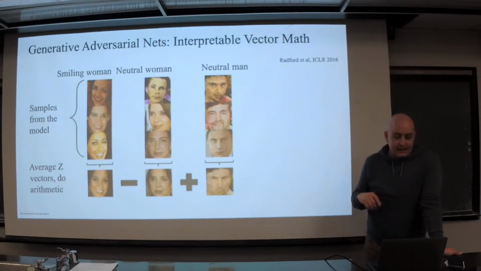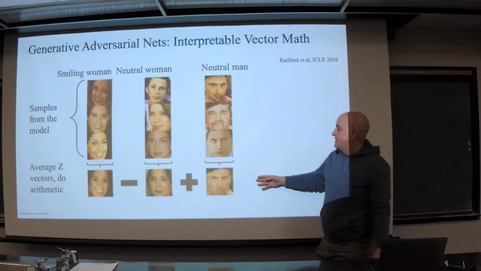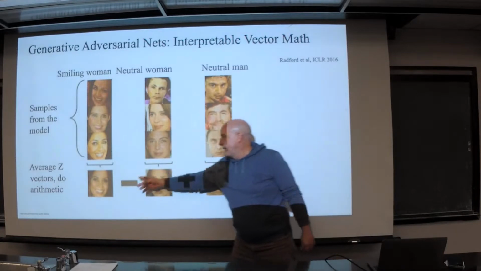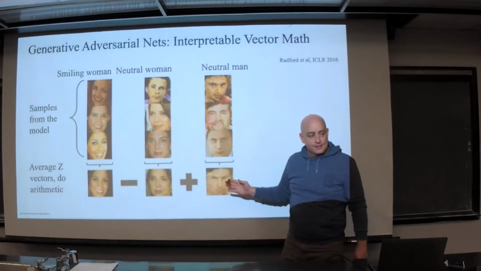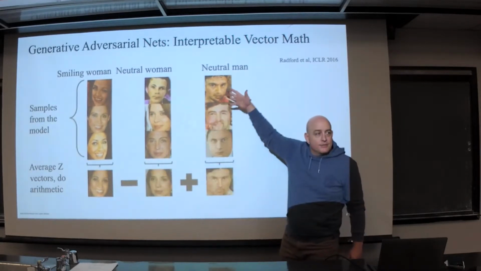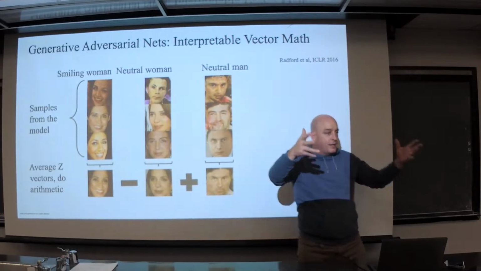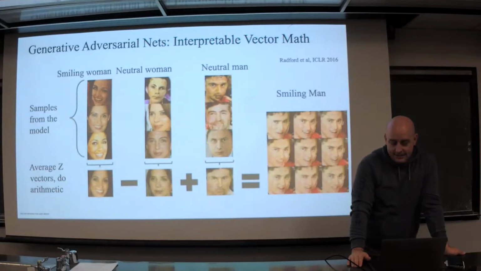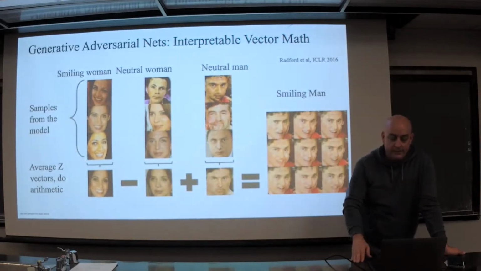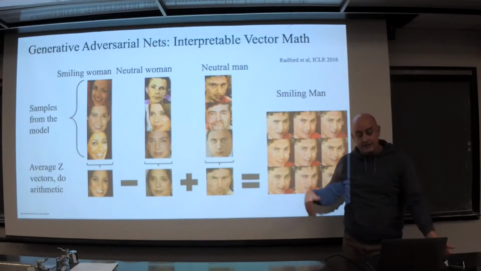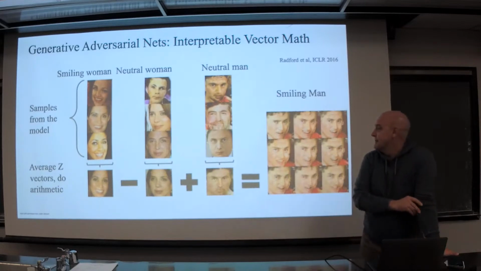One might expect that if we now take samples near this vector, with this minus this plus this, we might generate faces of men smiling. And indeed, for certain kinds of GANs, this actually occurs.